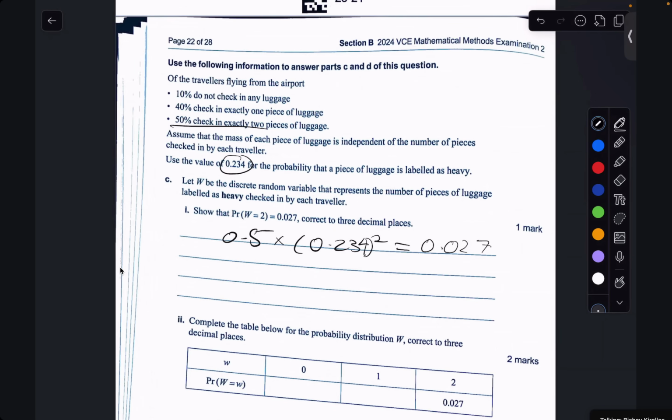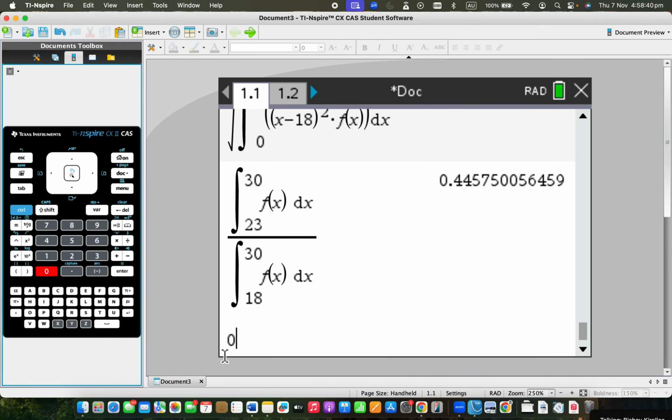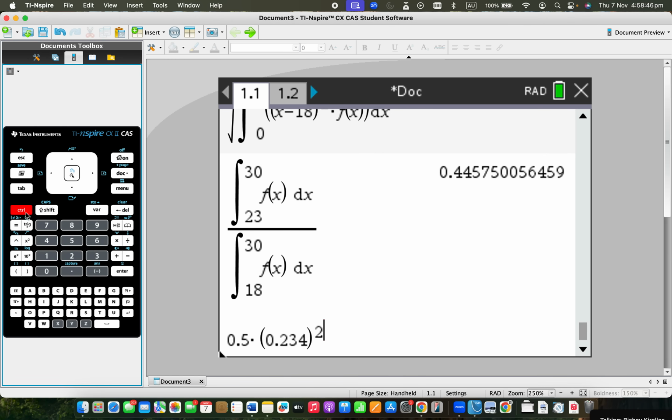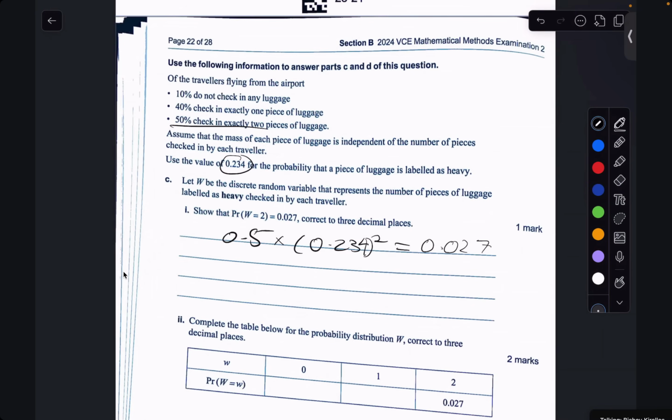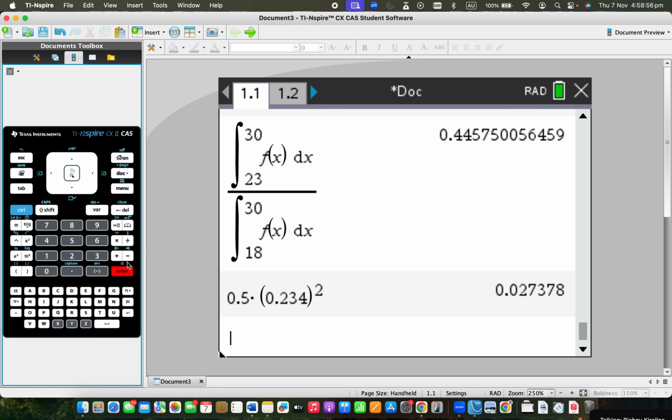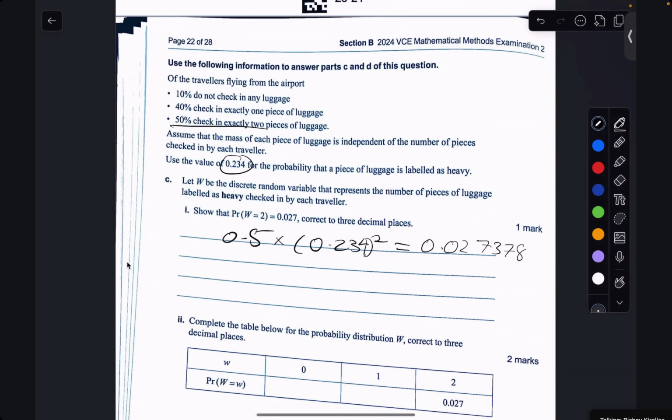Let's just double check so we see if we've done it right. 0.5 times 0.234 squared, and that works out to be 0.027. Cool. It says correct to 3 decimal places, so I'll just write 0.27378, which rounds to 0.027.